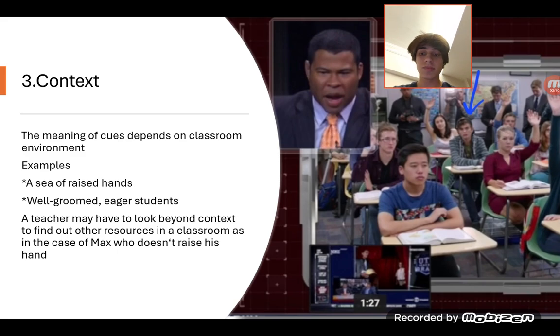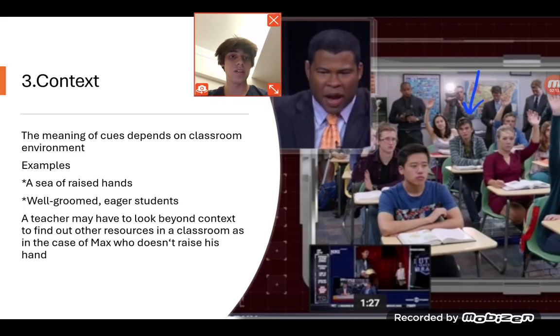As you can see here in the picture, there are actually a lot of students raising their hands. But the teacher in the video looks left and right and then chooses Max, who doesn't happen to be raising his hand, to answer the question. The teacher wants Max to answer the question even though he wasn't raising his hand.